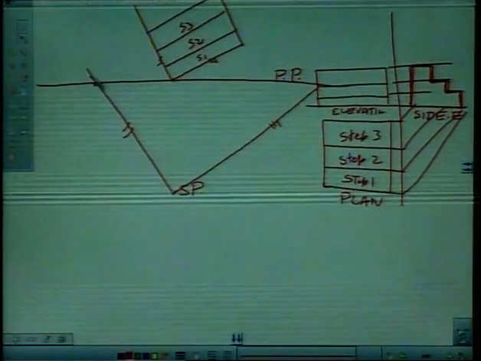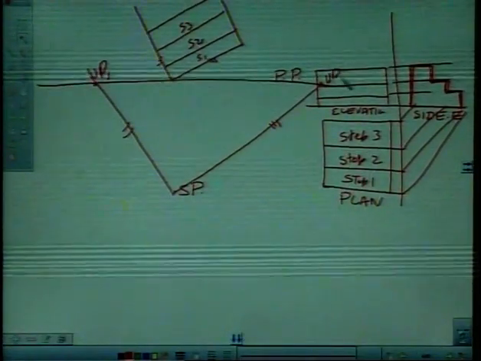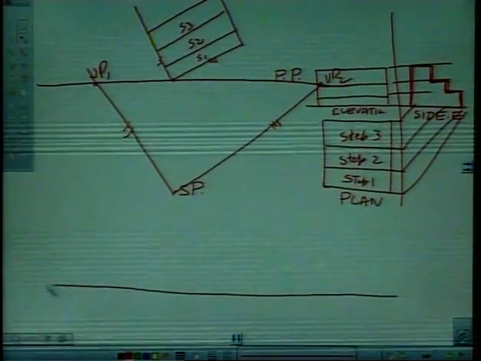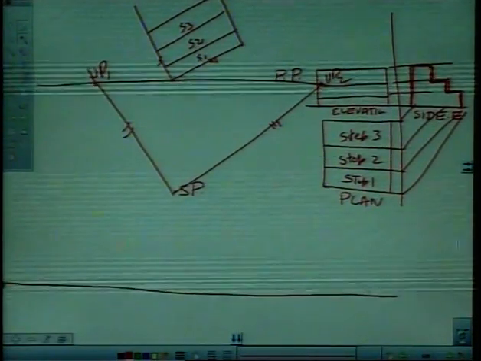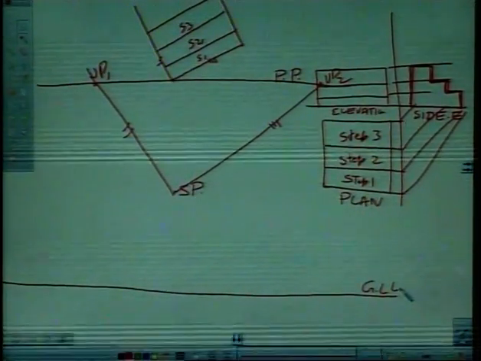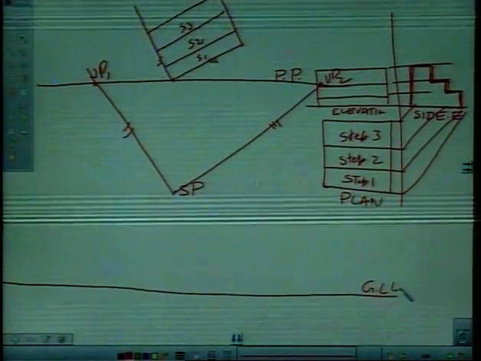This will give me VP1 and this will give me VP2. Next, draw a ground line, say ground line level.